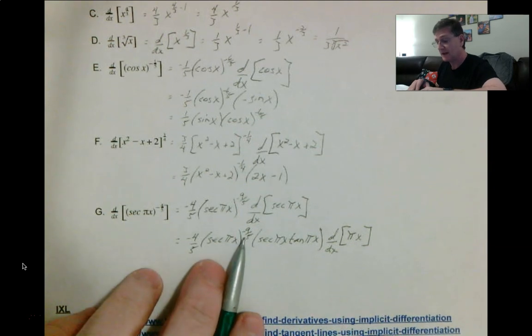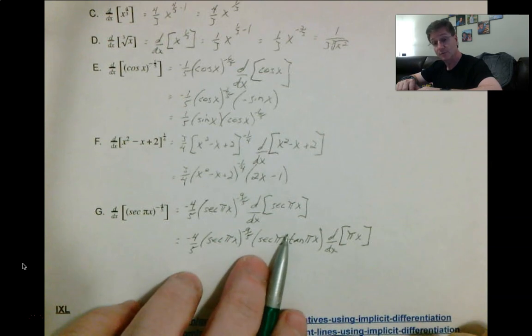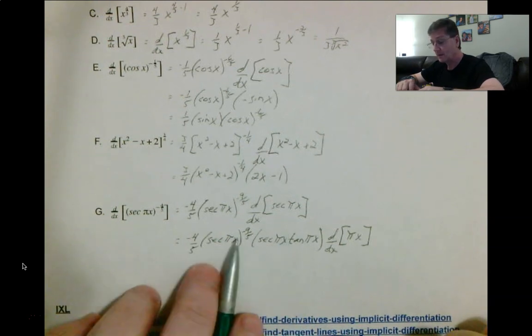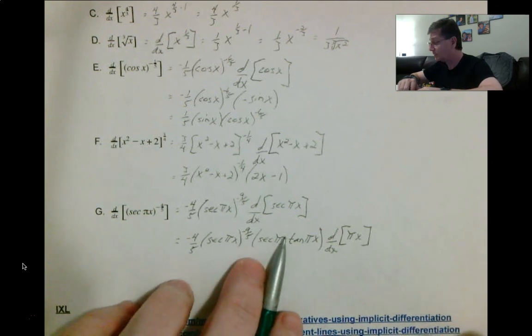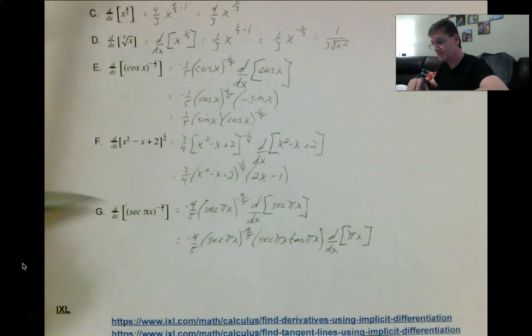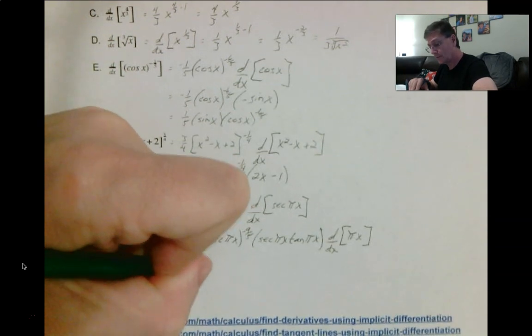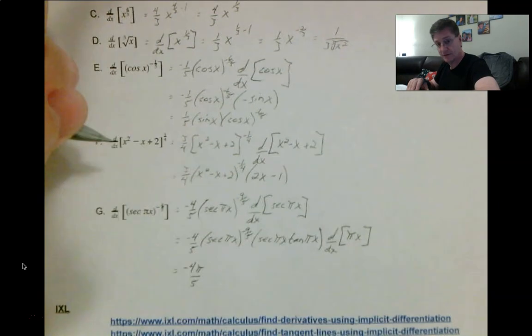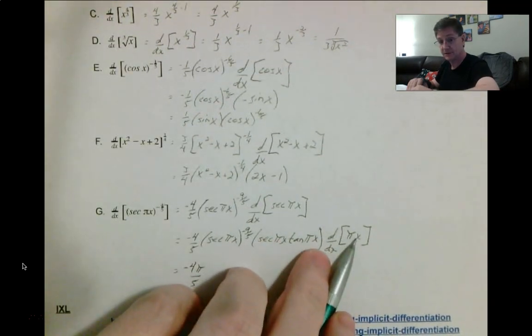Secant pi x to the negative 9/5 power times secant of pi x to the first power. We add the exponents, so negative 9/5 plus 5/5. Negative 4 pi fifths. Again, derivative of pi x is just pi.